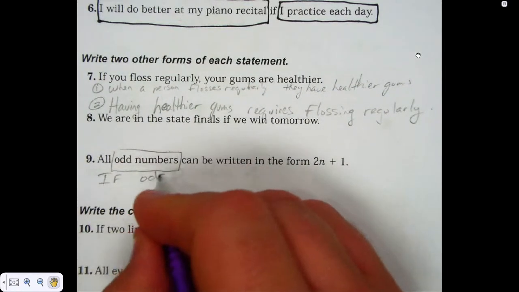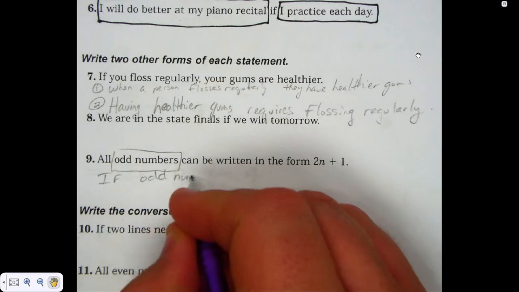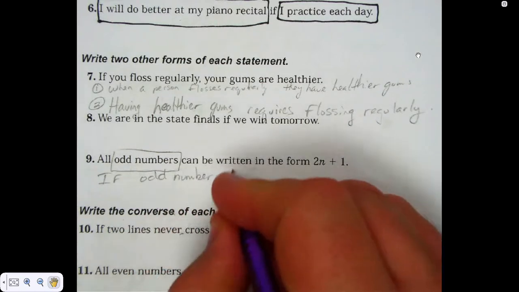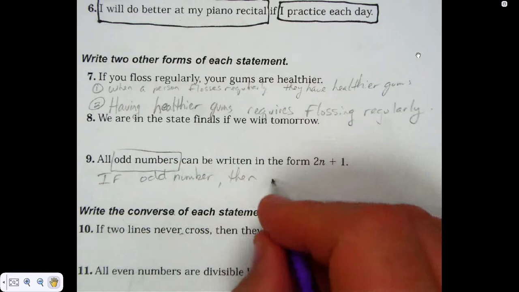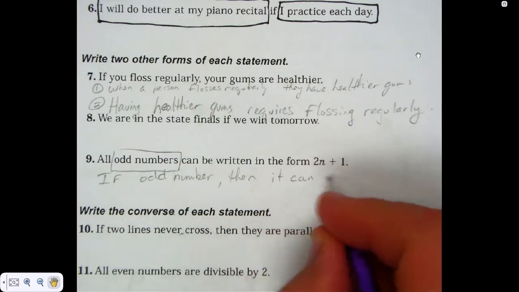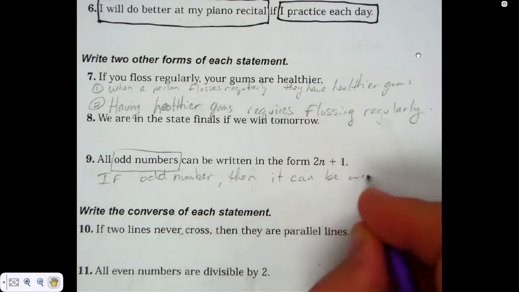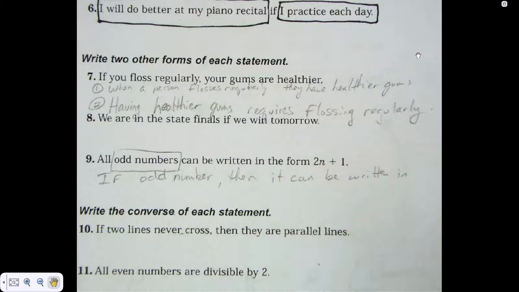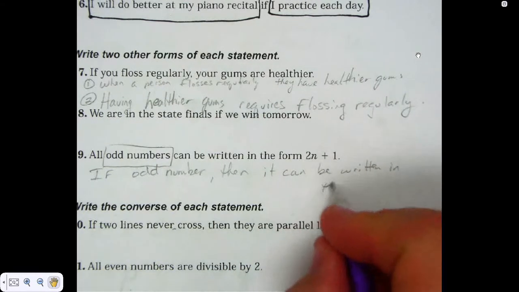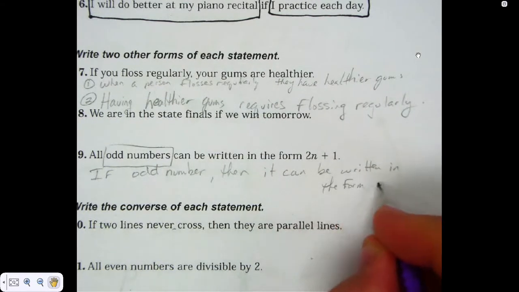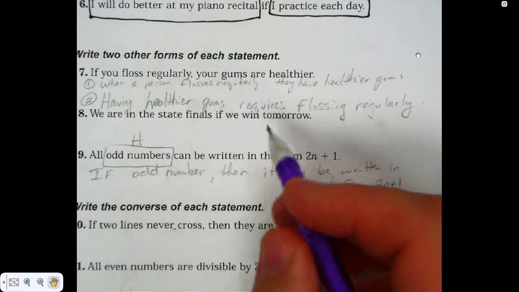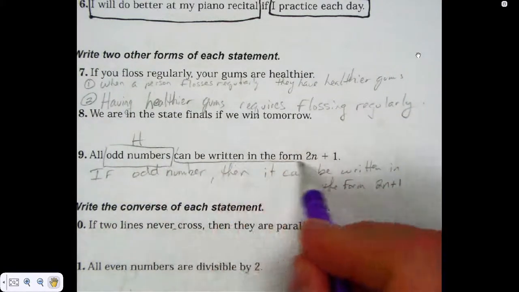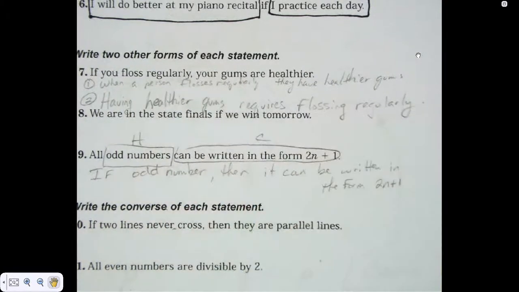If it's a what? Odd number, then what? It can be in the form 2n plus 1. So that's your hypothesis, and that's your what? Conclusion, right?